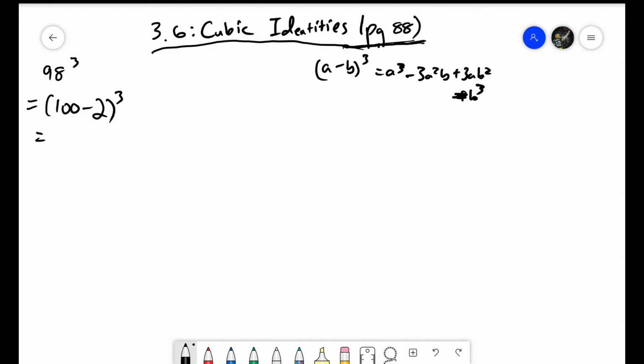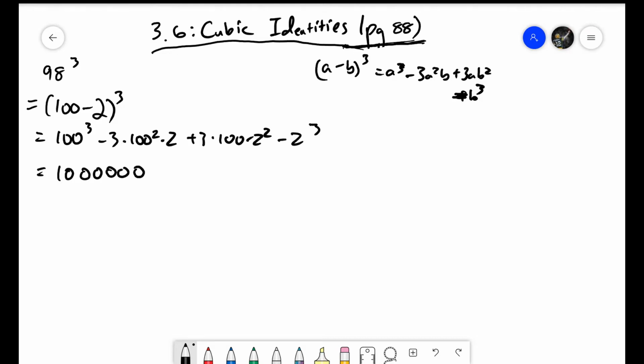This is equal to 100 cubed minus 3 times 100 squared times 2 plus 3 times 100 times 2 squared minus 2 cubed, which is equal to 1 million minus 60,000 plus 1200 minus 8, which is equal to 941,192.